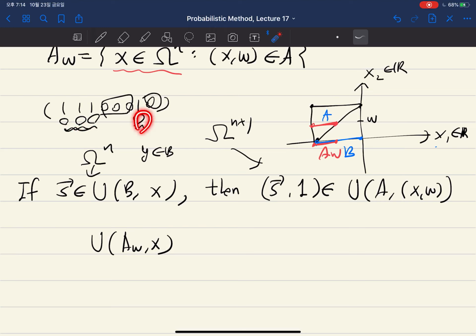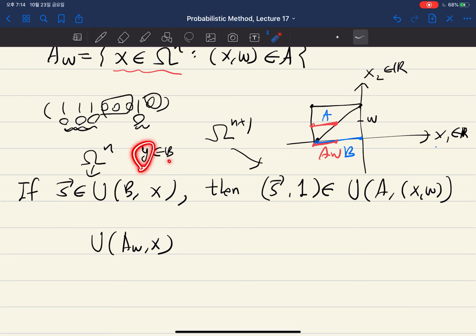It could be the same as one of them, but as a subset of this. And if you put 1 at the last, then that indicates that we don't care whether, this is an image. So B is the projection of A.